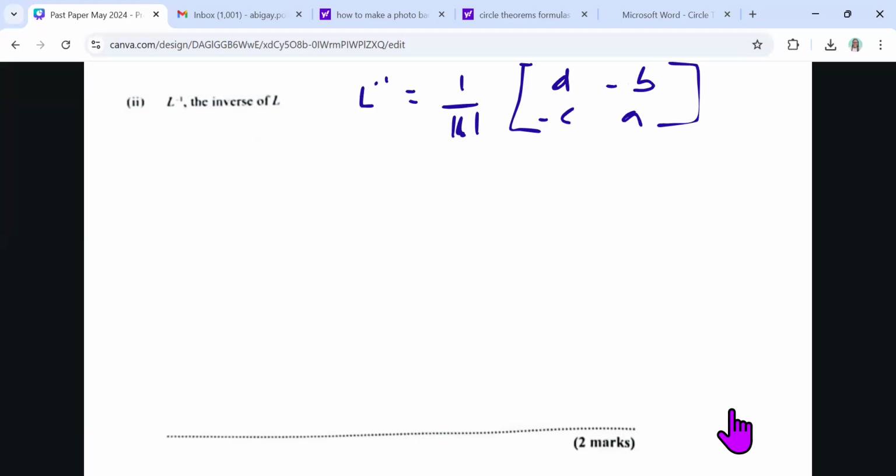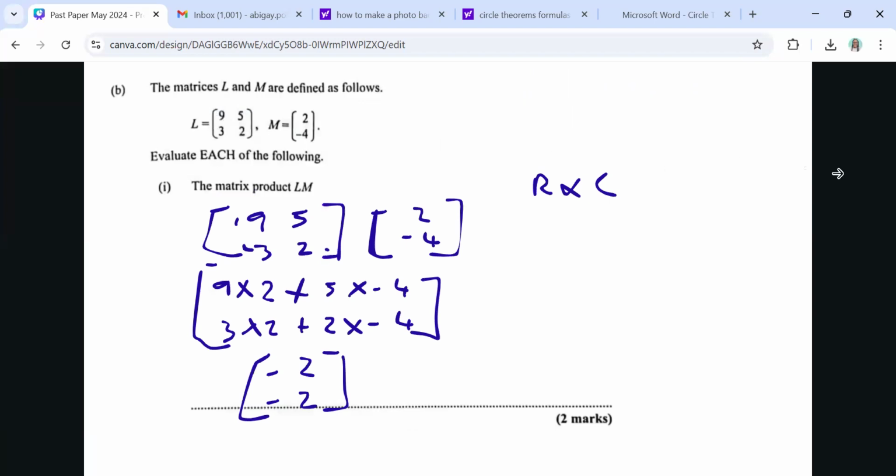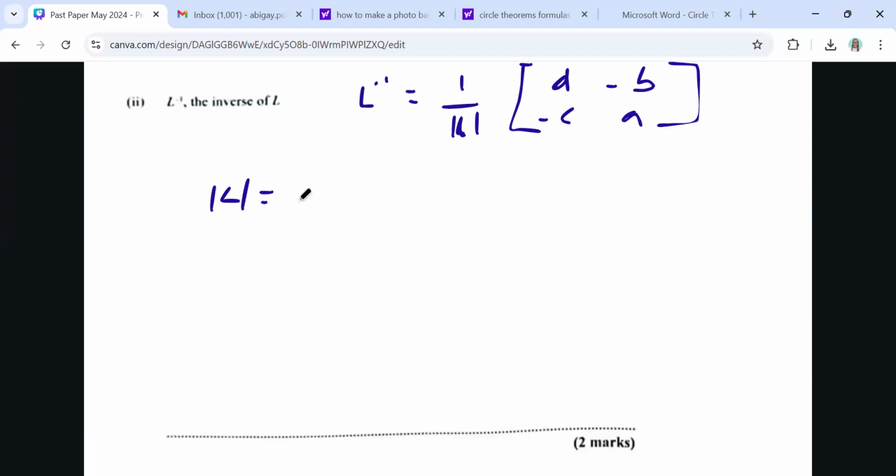All right, so first, let's find our L determinant. Going back over here, our L is 9, 5, 3, 2. So A is 9. Hold on, let me write it right as well: 9, 5, 3, 2. So 9 times 2 minus 5 times 3.